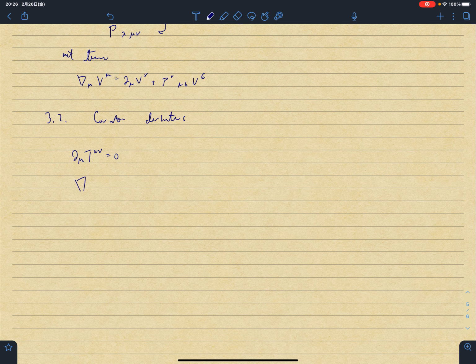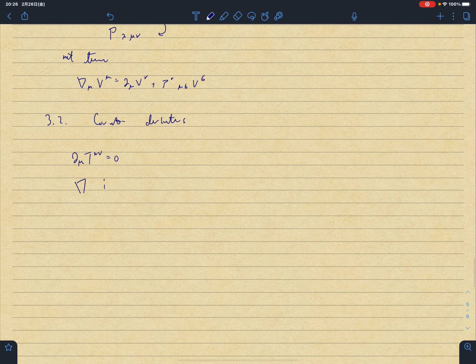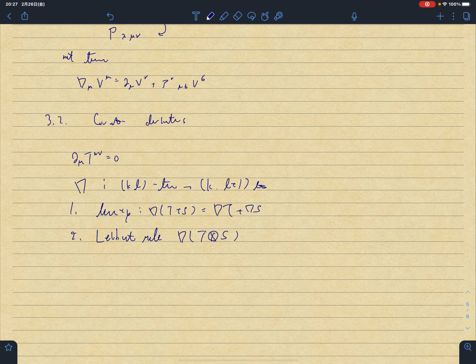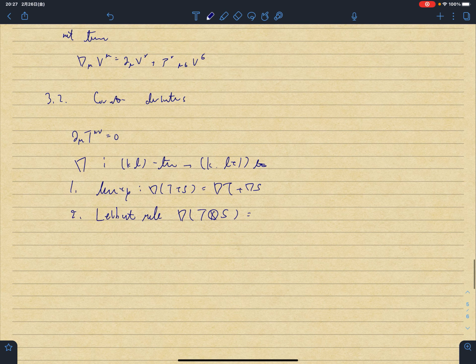We begin by recalling the partial derivative map from (k, l) tensors to (k, l+1) tensors, which has these two properties: linearity, partial of (T plus S) equals partial T plus partial S, and the Leibniz rule, for T tensor S, partial of (T tensor S) equals partial T tensor S plus T tensor partial S.